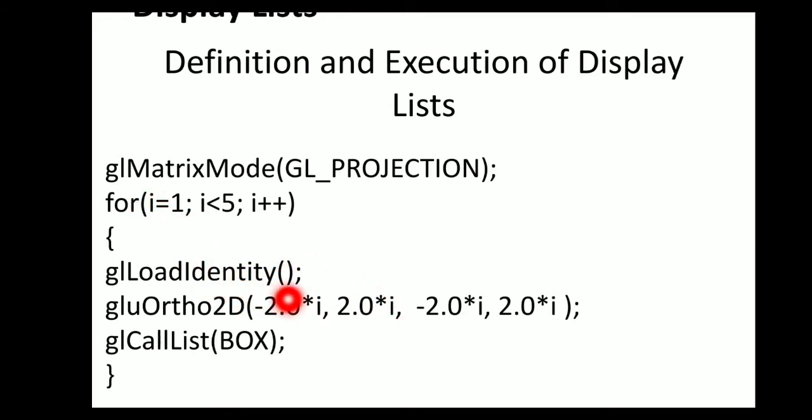If it is 2, it becomes minus 4, 4, minus 4, 4. So its definition changes, and at that particular step, you are going to get the box. When you see the execution, you will get to know how it is actually done.